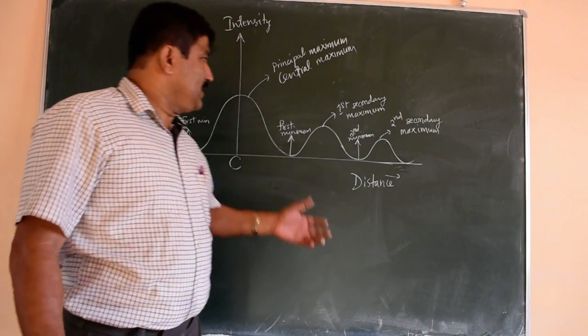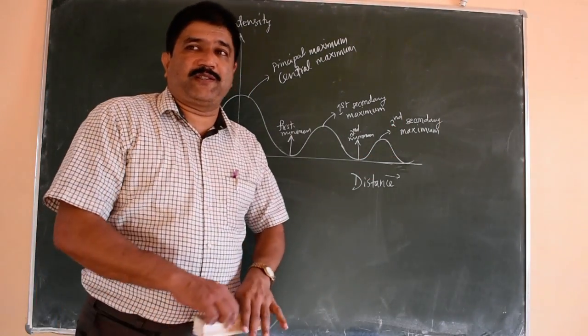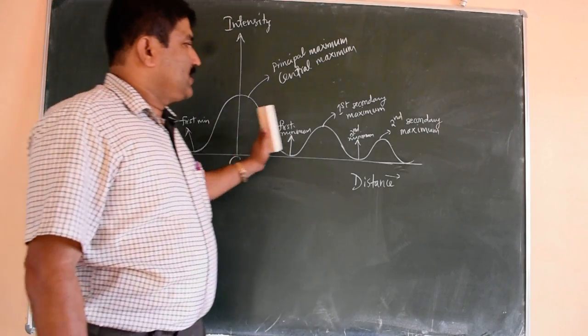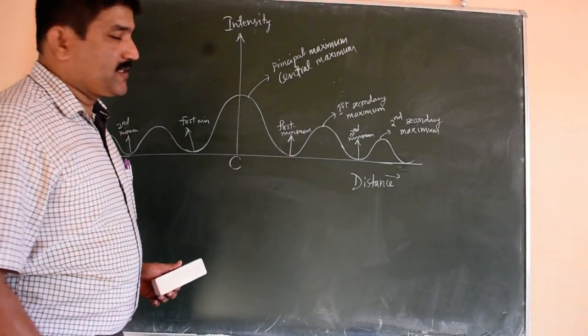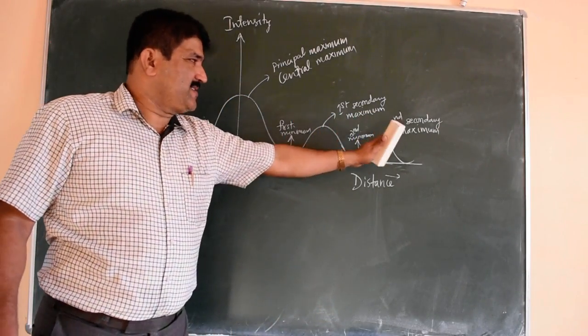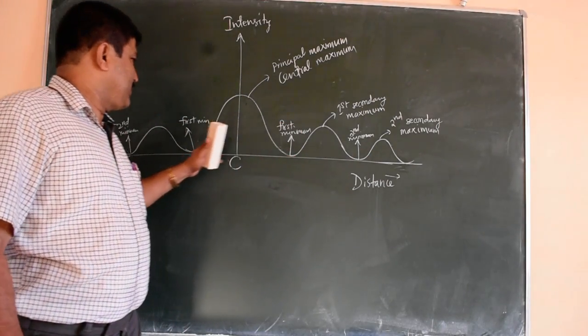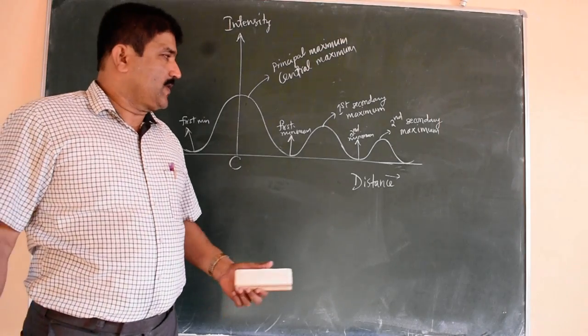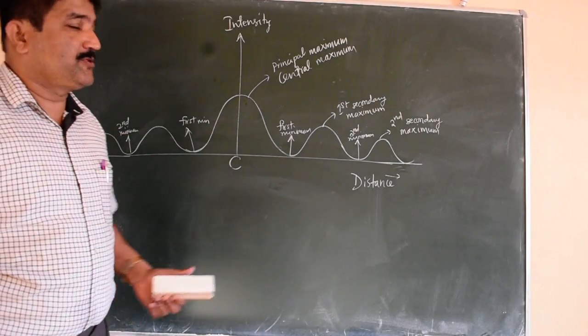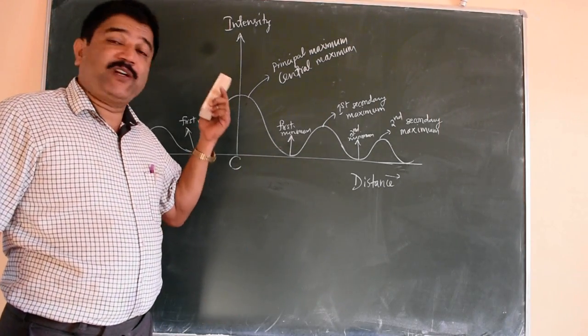Like that, alternate dark and bright regions are observed on the screen. They are the secondary maxima, the central or principal maximum, and the first minimum on either side. That is the intensity distribution curve in the case of diffraction.